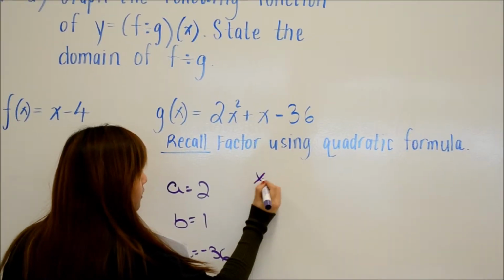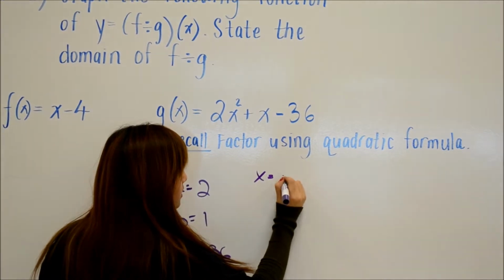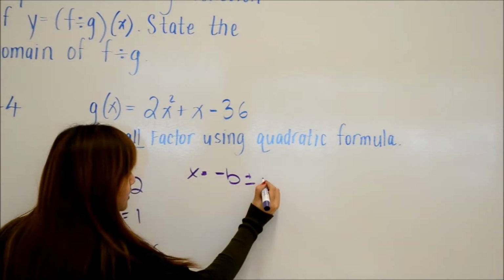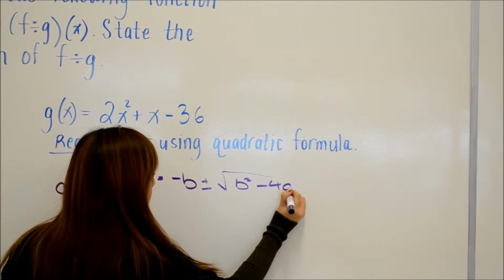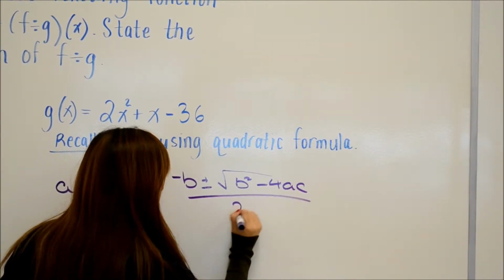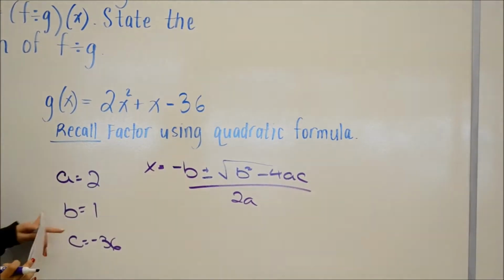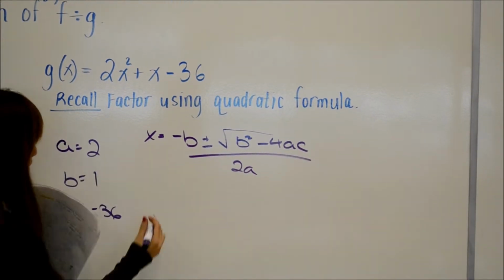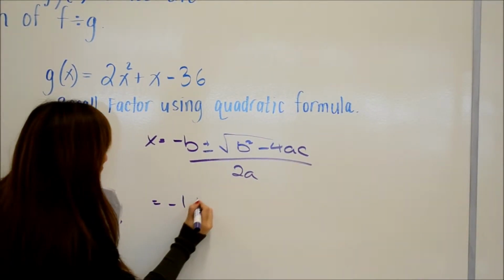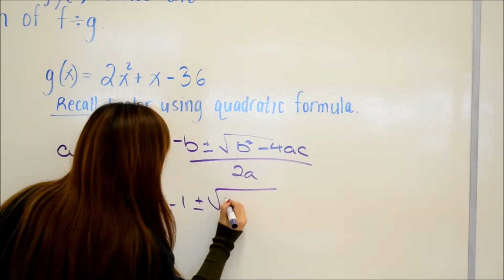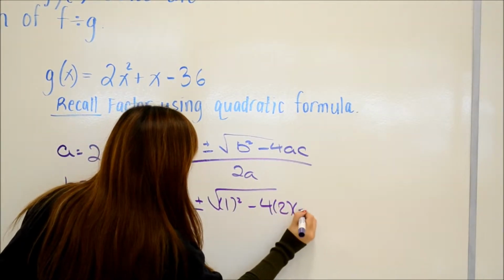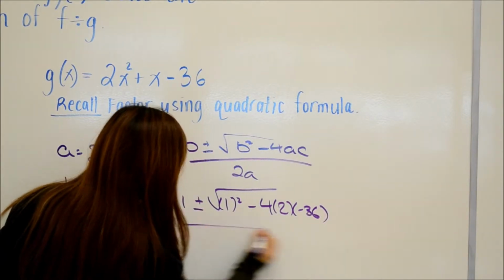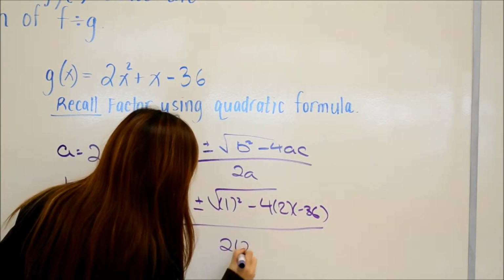Our quadratic formula is x equals negative b plus or minus square root of b squared minus 4ac all over 2a. So we'll just put these values into our equation. Equals negative 1 plus or minus square root of 1 squared minus 4 times 2 times negative 36 all over 2 times 2.